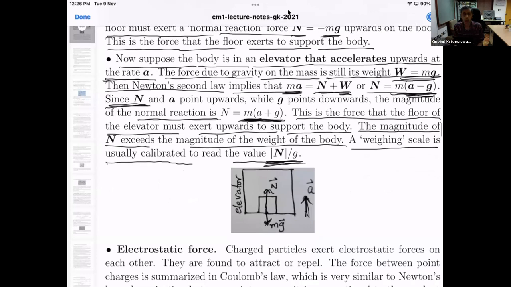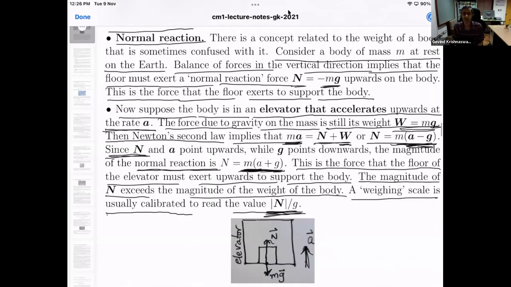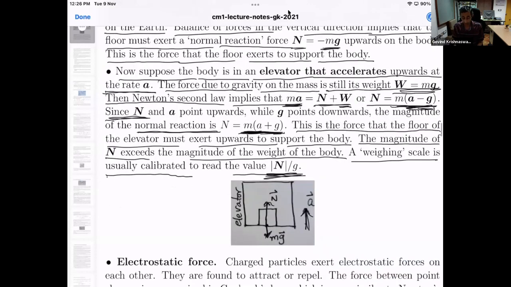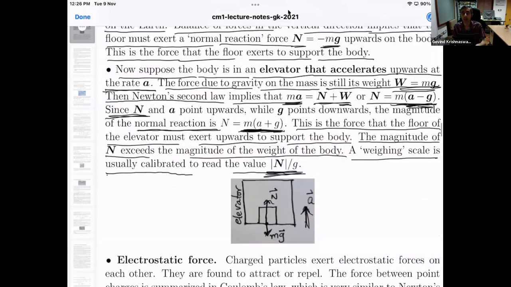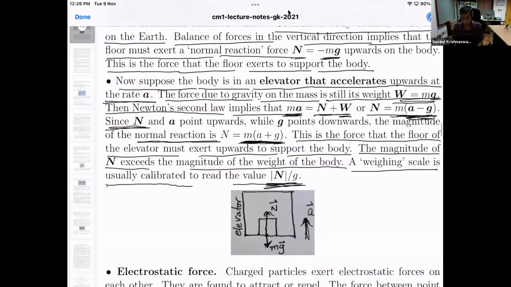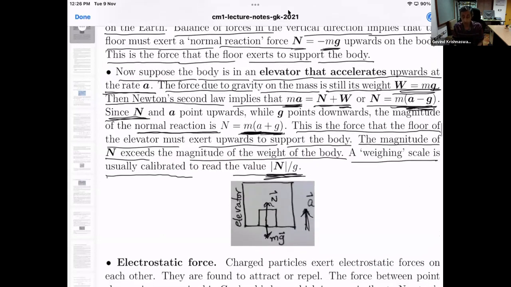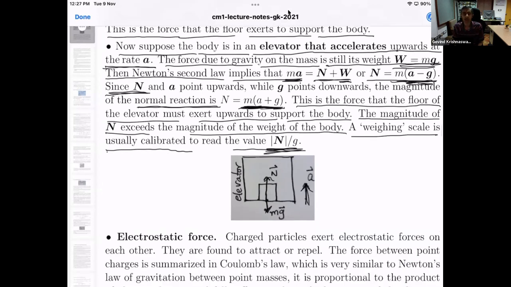The important thing is to have our definitions clear, otherwise we get a bit confused. By definitions here, I mean the definition of normal reaction or the definition of the weight and so on. So this is what I wanted to say about the gravitational force and these few comments about mass, inertial and gravitational mass, and the equivalence principle.